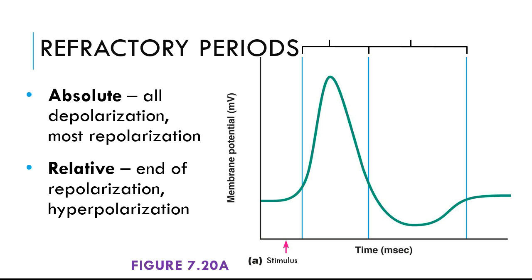And actually we do need that hyperpolarization. Because once it gets into the relative refractory period, it's hyperpolarized. The probability of it crossing threshold now is even less. And so we close those gated channels and the cell will definitely go back to resting membrane potential.